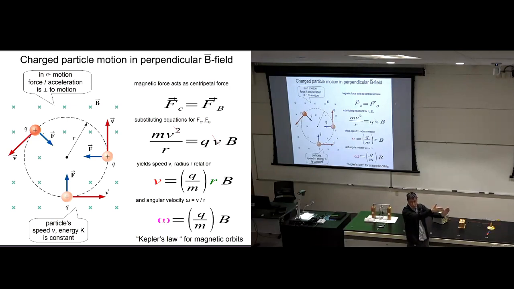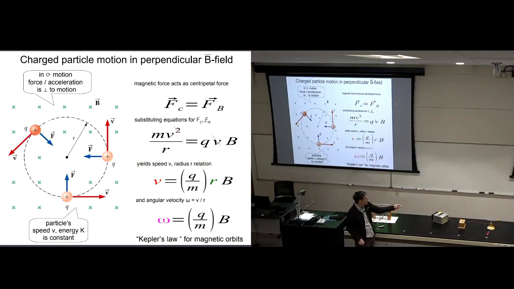My hand is pointing towards the right, that's the velocity vector. My fingers are pointing into the screen. My thumb is pointing up, that's the direction of the force. So at the moment, that charged particle is downstairs here, there's a magnetic force upwards on it, so it's obviously going to start curving upwards.